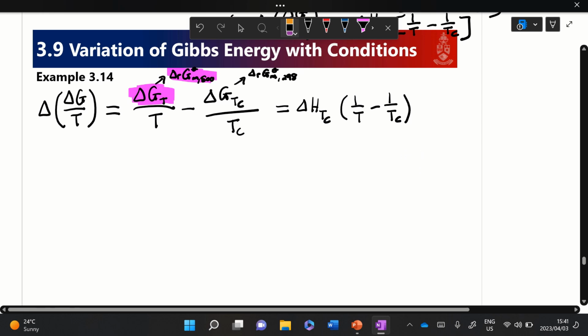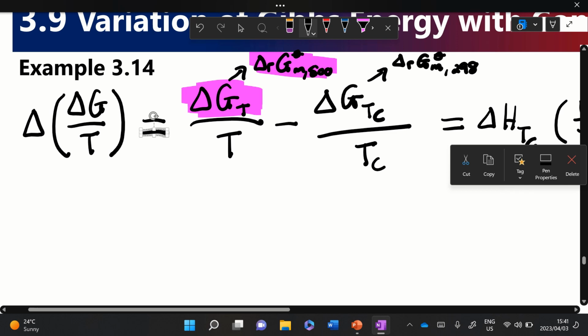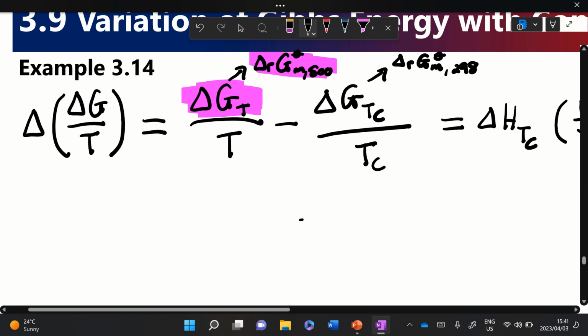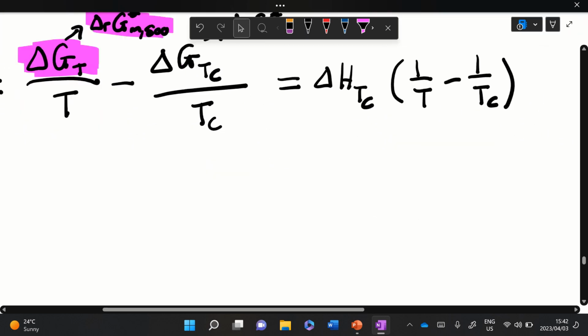Alright, so we were there. What did we calculate? Delta G over T. We were calculating that. So we substitute in T and Tc, and then you subtract the two, and this side the same thing.